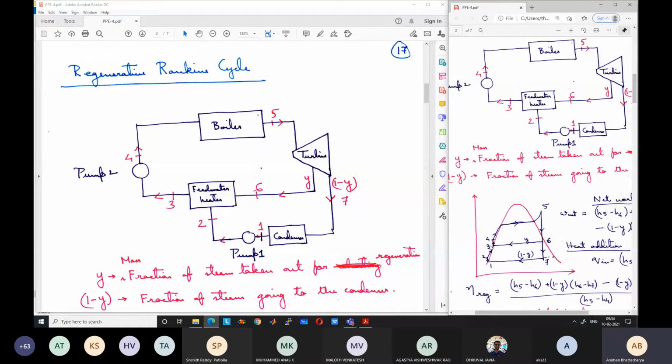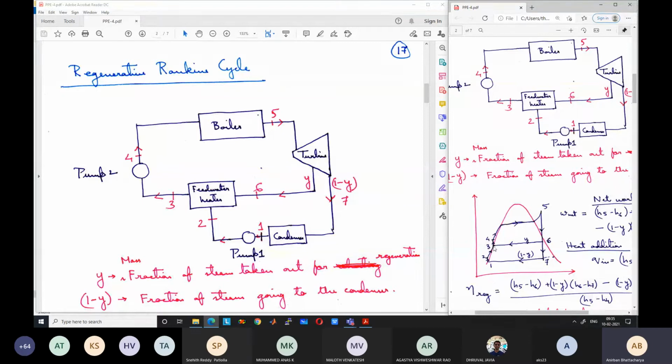Your point is correct that if we take more steam, some of the steam will still remain as steam, and we will not be able to pump it. So we need less amount. But how do we find the exact amount? How is it determined? If we take too little, what will happen? We cannot heat the water from point 2 to point 3.